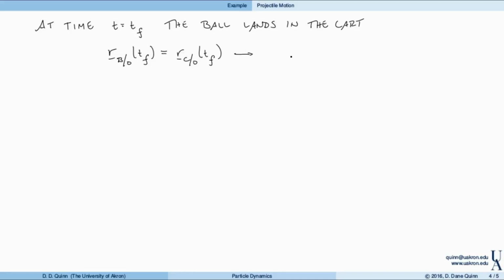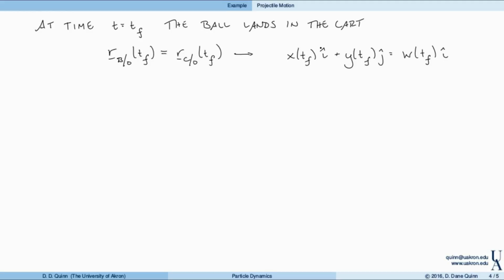So in terms of the coordinates that we've measured, the position of the ball was x, and again, we're evaluating at this final time, plus y, evaluated at the final time in the j direction, is equal to w at the final time in the i direction. So this is a vector equation, and from this we can generate two scalar equations that will allow us to solve for the initial speed, which is what the problem requested.